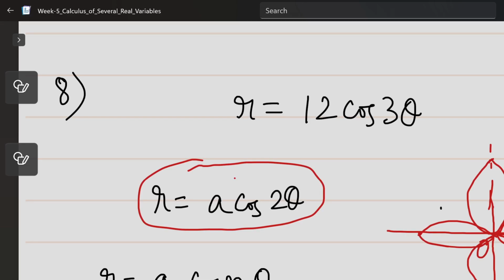So this is r equal to a cos 2 theta. What is a? This distance from this point to this point is a. Everywhere it is a. It is a symmetric drawing, but my drawing is not good.